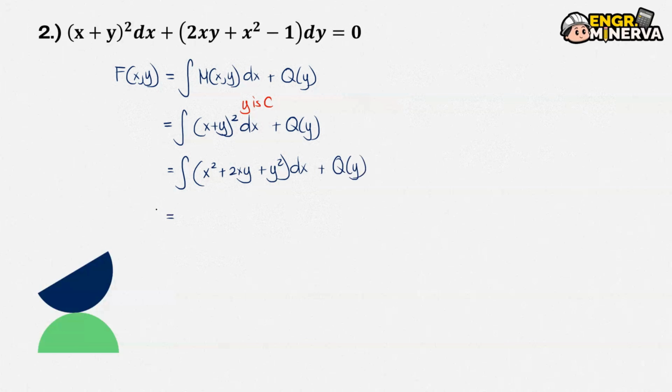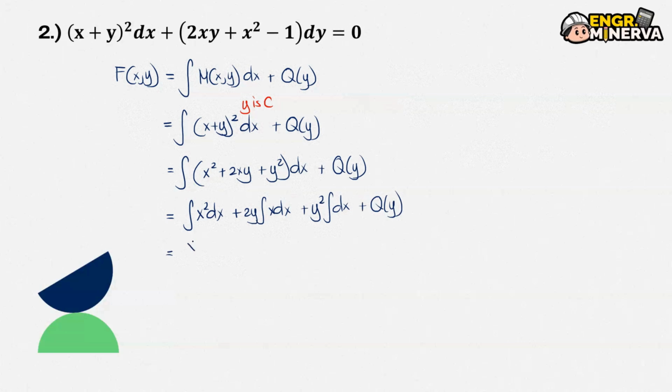At this time, we could now separate the terms. Since y is constant, that would be the integral of x squared dx plus 2y integral of x dx plus y squared integral of dx plus a function of y.